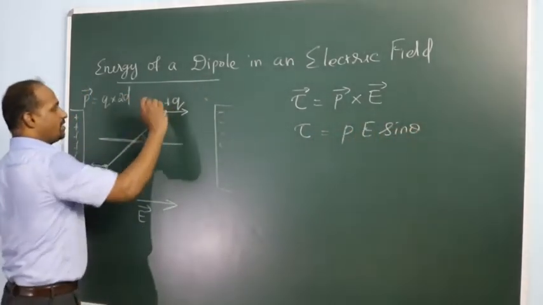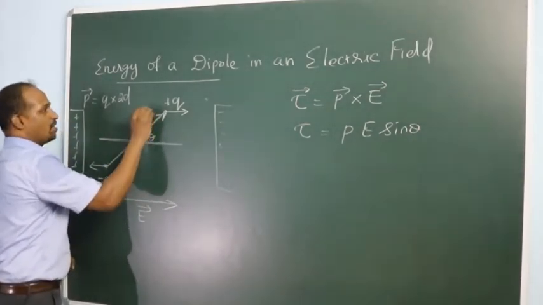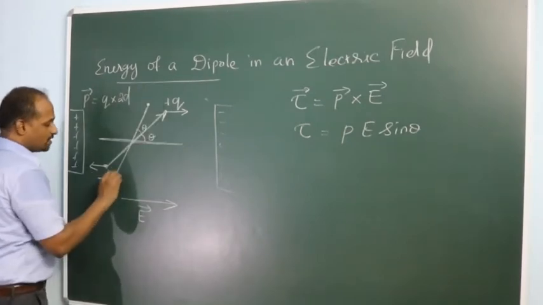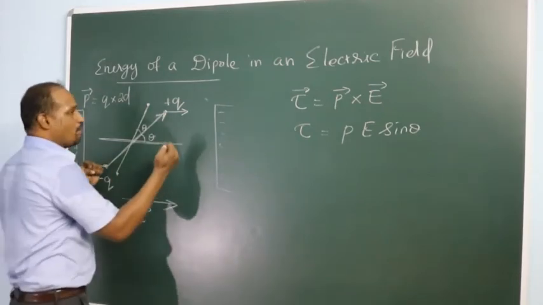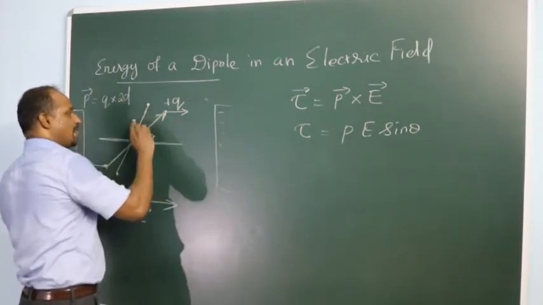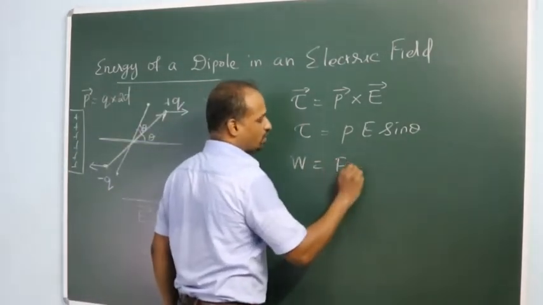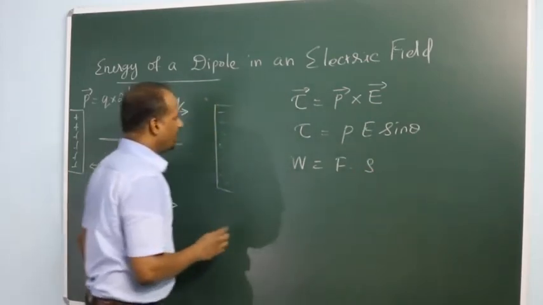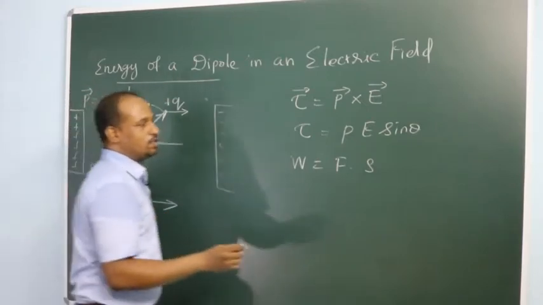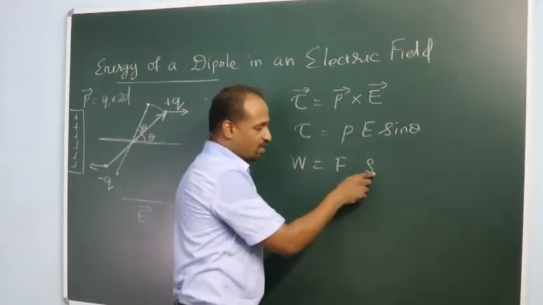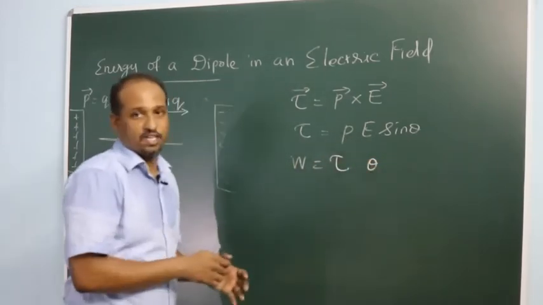Hence, if you want to rotate this by a small amount d theta, you need to apply the same torque, in the opposite direction. We know that work done is force into displacement in linear motion; work done is torque into angular displacement in rotational motion.